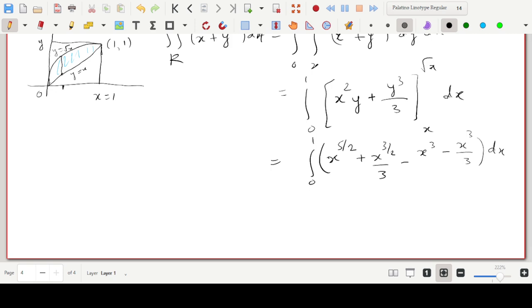Now we have got a function in x alone and we have to integrate that.